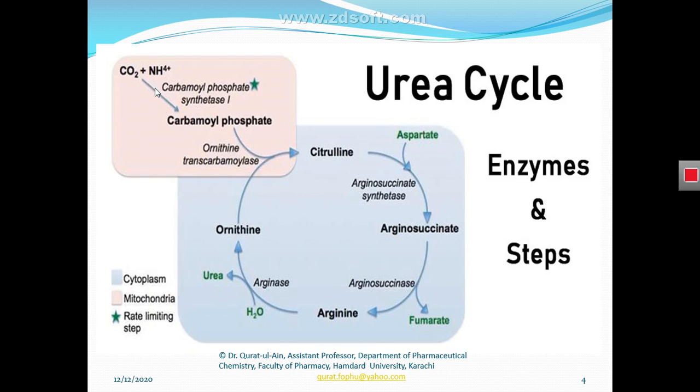So these two reactions: reaction number 1 is the condensation of carbon dioxide with ammonium with the help of the enzyme carbamoyl phosphate synthetase 1, resulting in the formation of carbamoyl phosphate, and reaction number 2 is the condensation of carbamoyl phosphate with ornithine and the formation of citrulline.